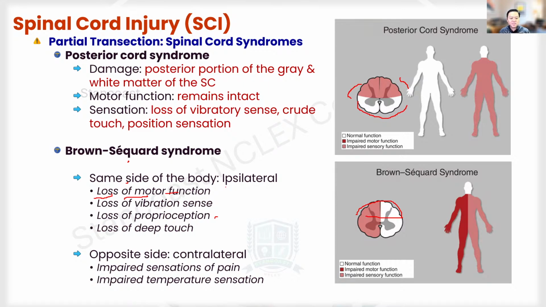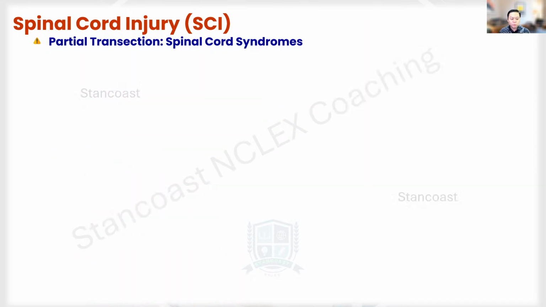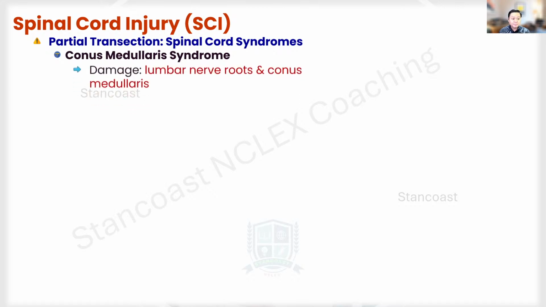Now let's move on to another problem in the partial transection, which is the conus medullaris syndrome. So what is this? This is characterized by damage, especially when the lower part of the spinal cord is injured, or it is specifically injuring the lumbar nerve roots or the conus medullaris.